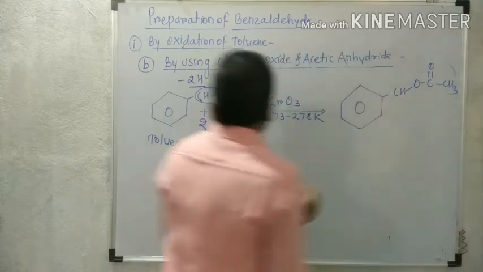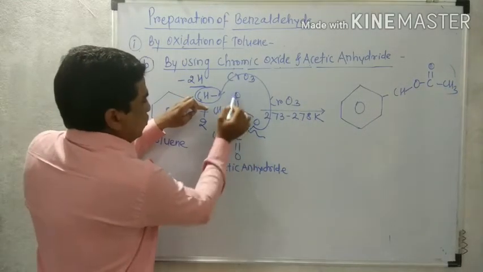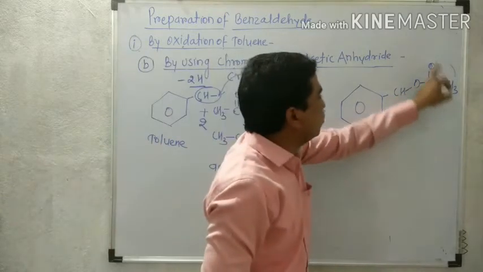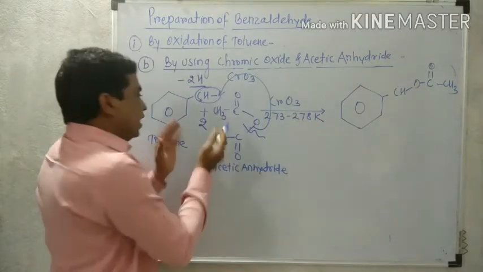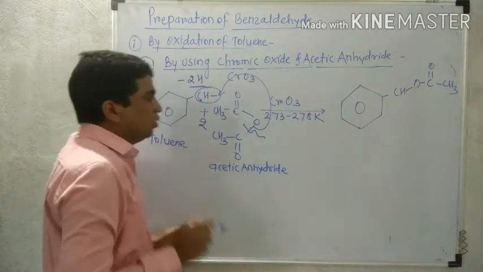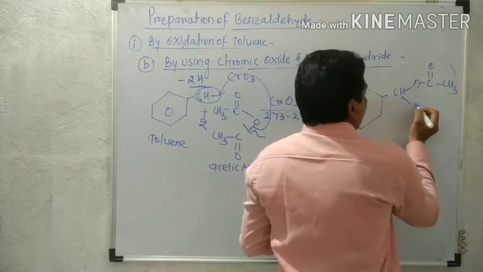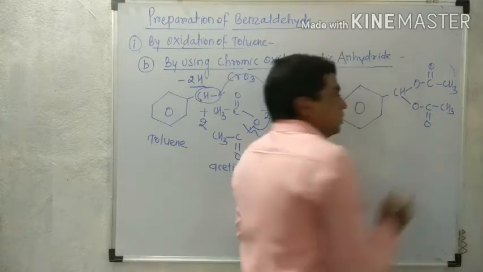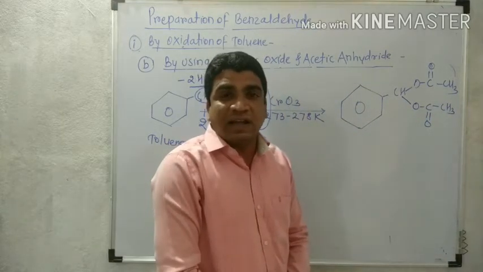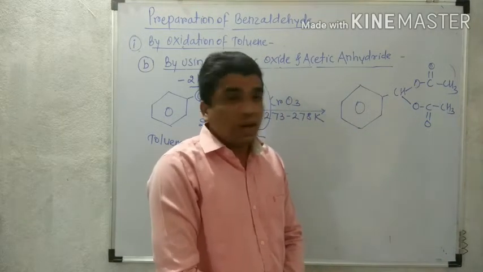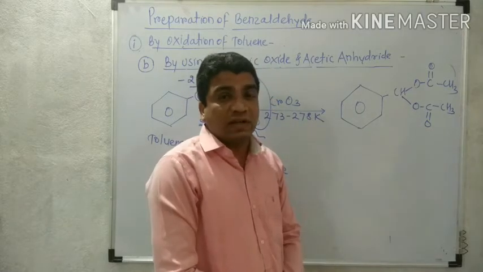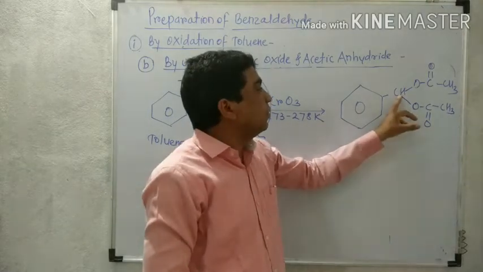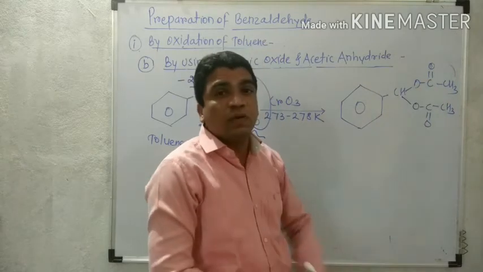OCOCH3, OCOCH3, and again another from the second molecule, OCOCH3. This structure is like that of an alkylidene, a geminal type of structure, because the same carbon is attached to the two groups.